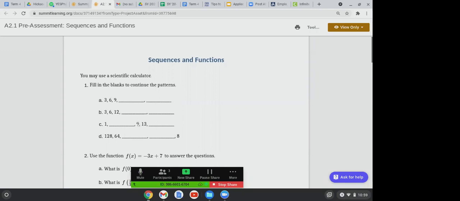What's the difference between 9 and 13, ladies? 4. Absolutely.